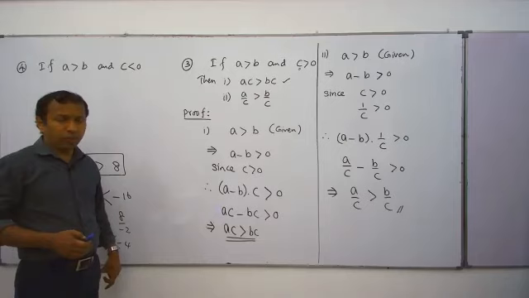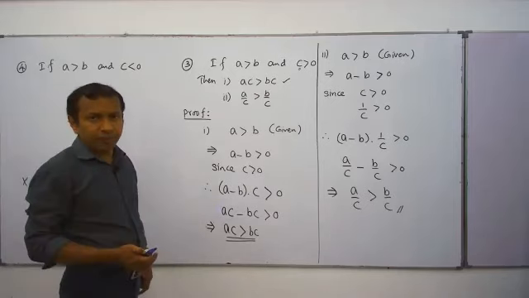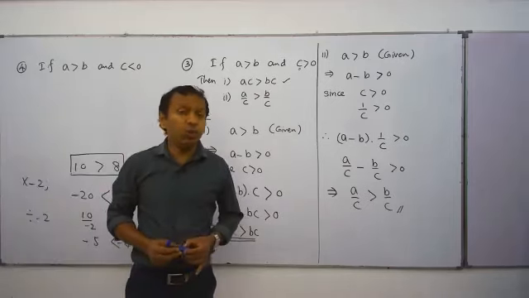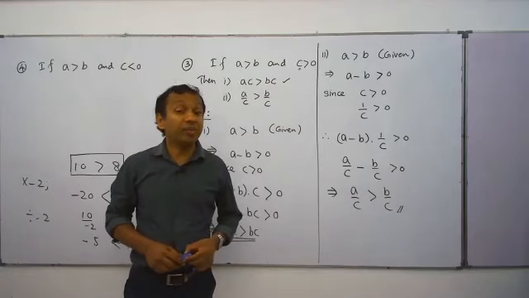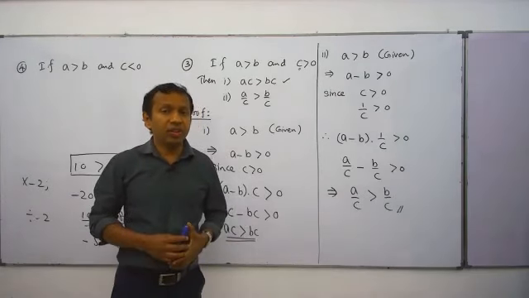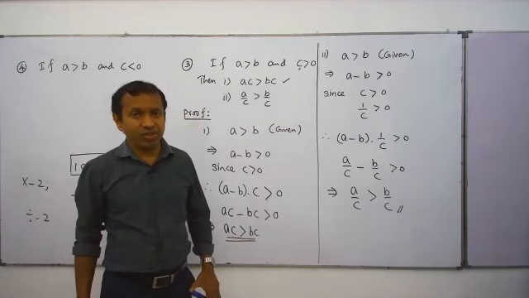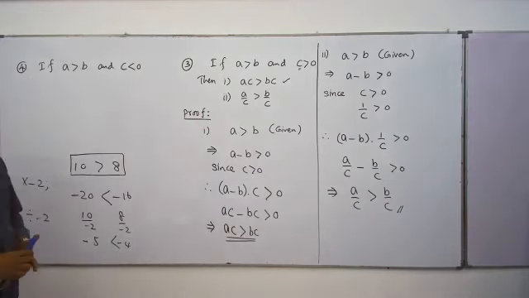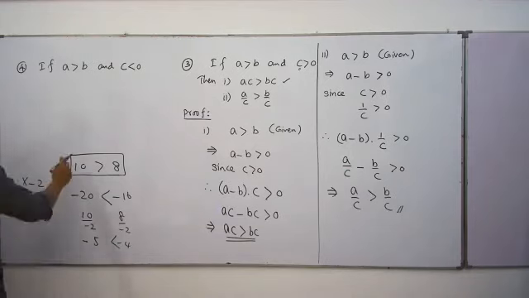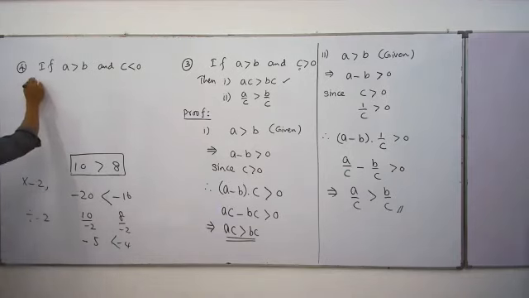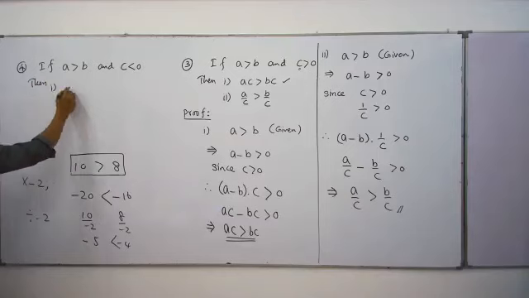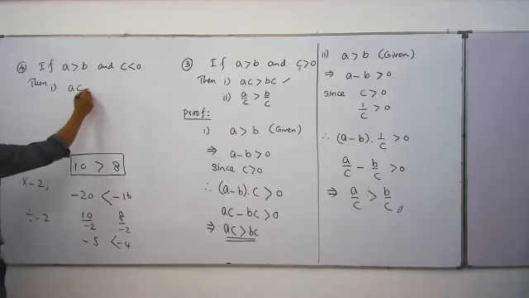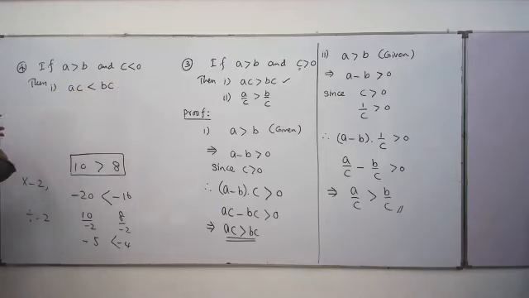What do you understand by that, people? When we multiply or divide both sides of an inequality by a negative value, the direction of the sign gets opposite. That's what this result says. So then what can we say here? Number 1, AC smaller than BC.